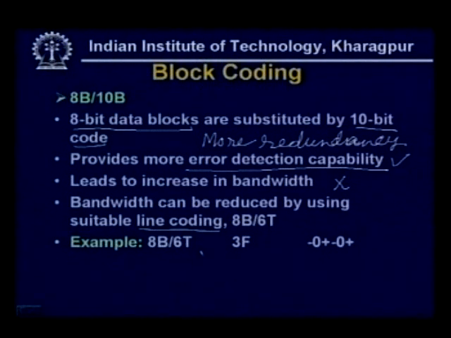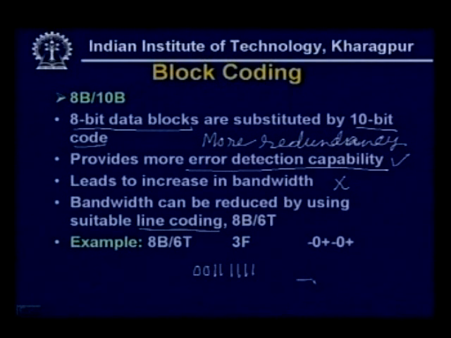Suppose after encoding the 8-bit data is 3F, where 3 is 0 0 1 1 and F is 1 1 1 1. Now, while doing the encoding you are not generating 8 bits, but you are generating 6 values for transmission.